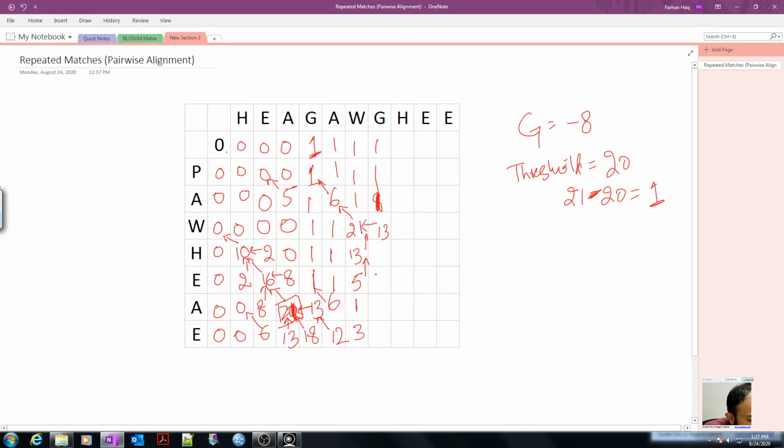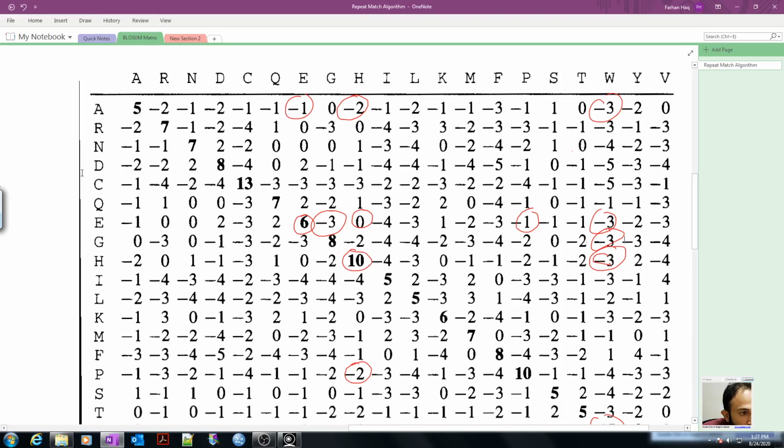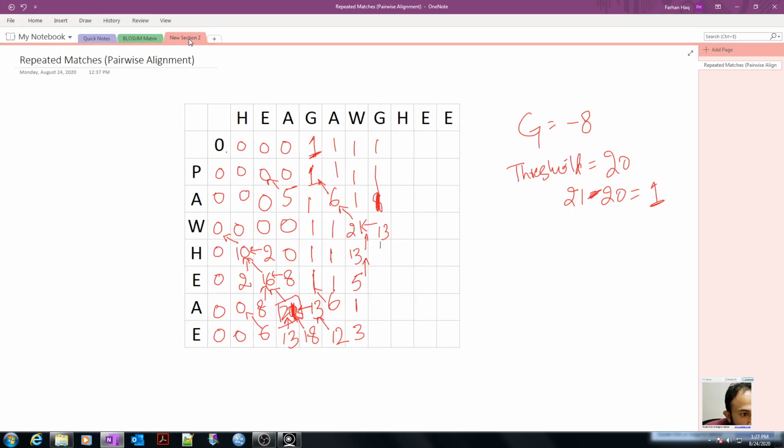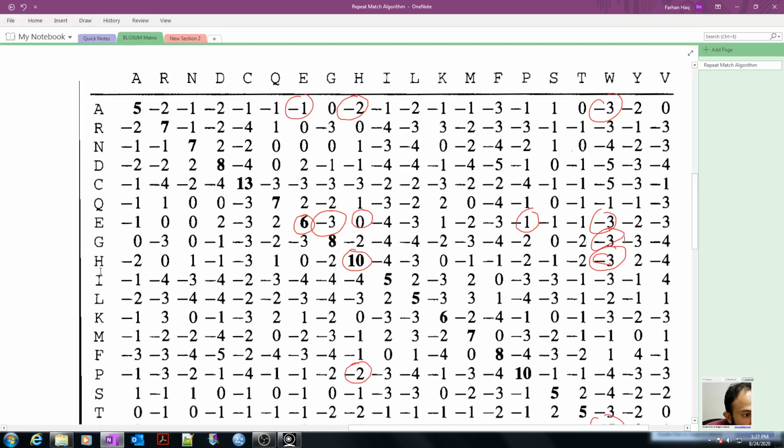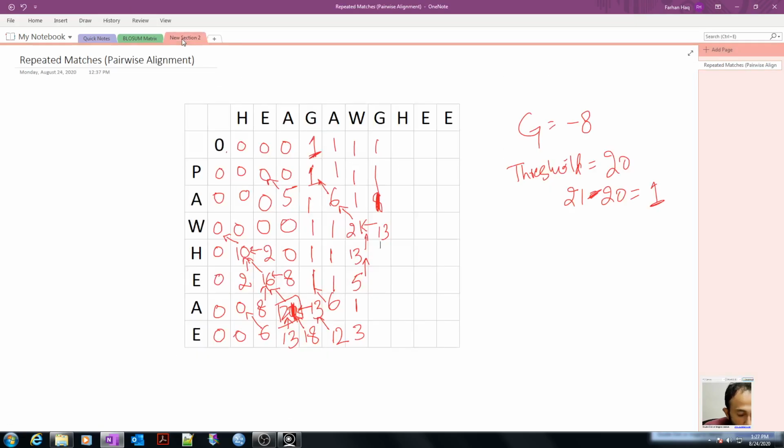And now in the next, if we add H and G, there are 3 different values, so we have to check which is maximum. Sorry, A and G, not, H and G. H and G is minus 2. So we will put here 21 minus 2, that is 19.